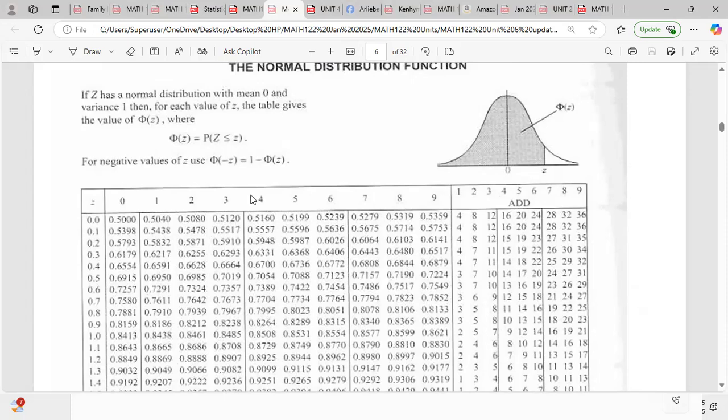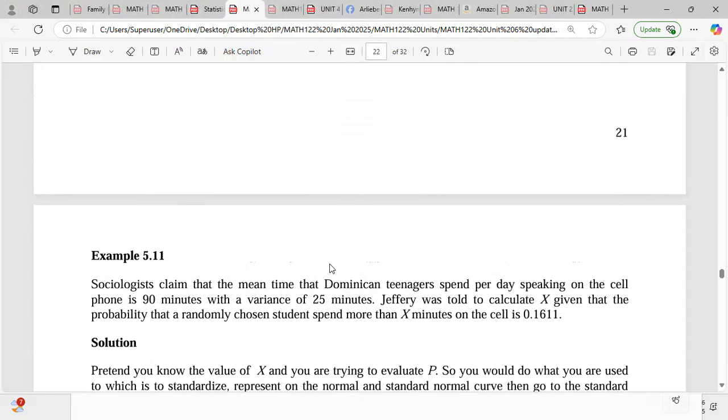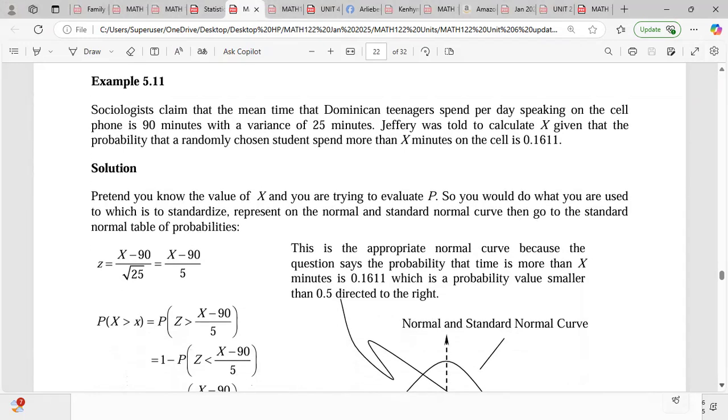Let's look at an example similar to this question. If we go to Unit 6, example 5.11, you can get this example on page 22. You will encounter an example similar to the one in this question.